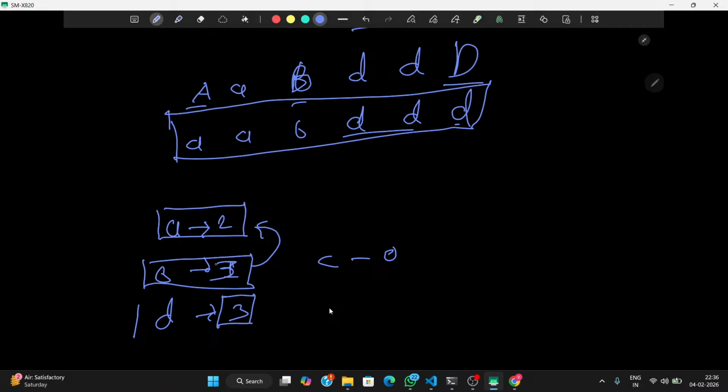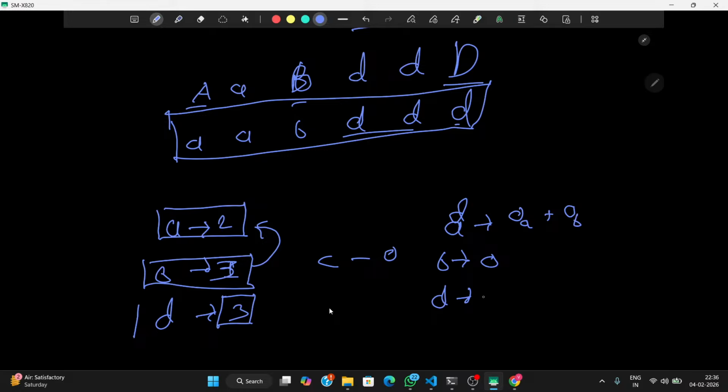We will simply convert all the three occurrences of B to A. That's what the operation is. After this, what will happen? The occurrences of B will become 0, and A will be occurrences of A plus occurrences of B.